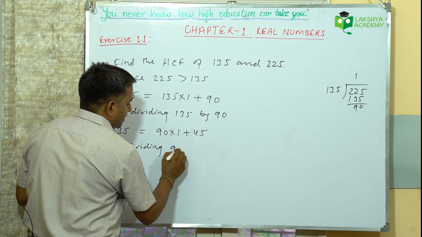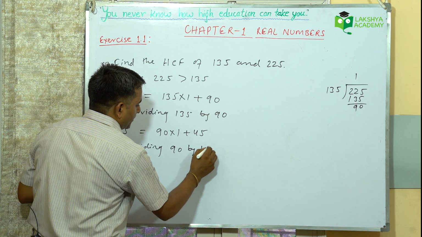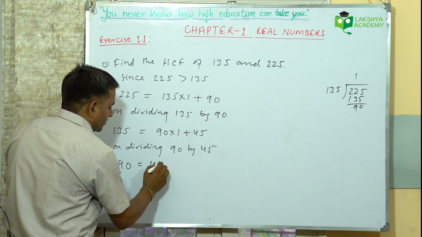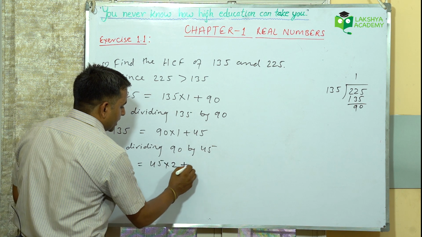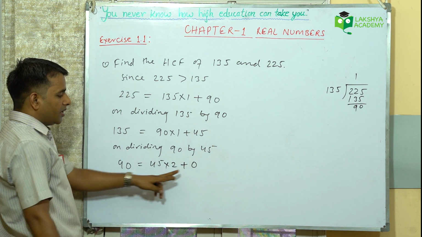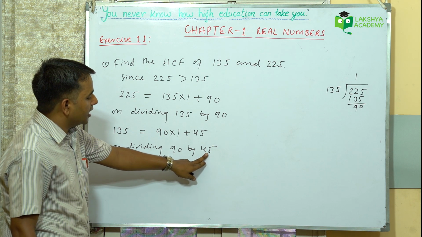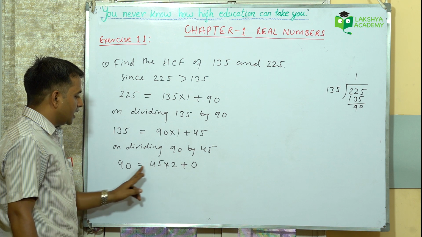On dividing 90 by 45, this is 90 equals 45 into 2 plus 0. Here the remainder is 0. So we are getting the remainder 0 by dividing the number 90 by 45.